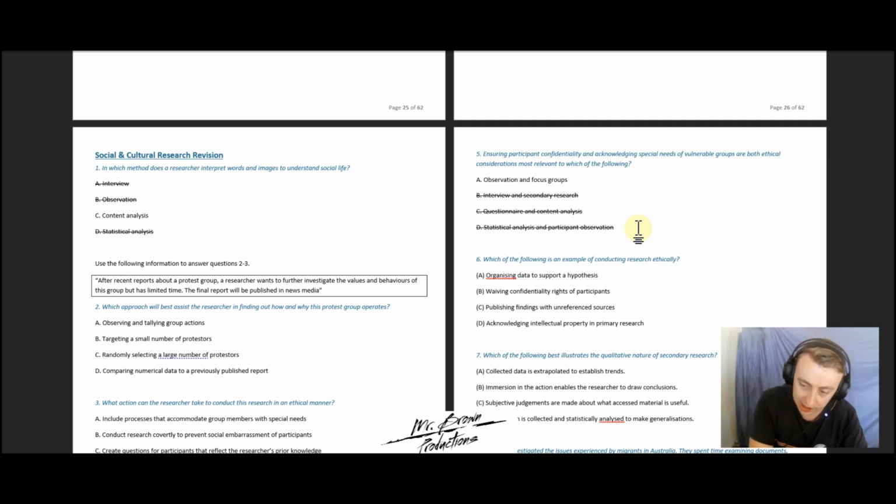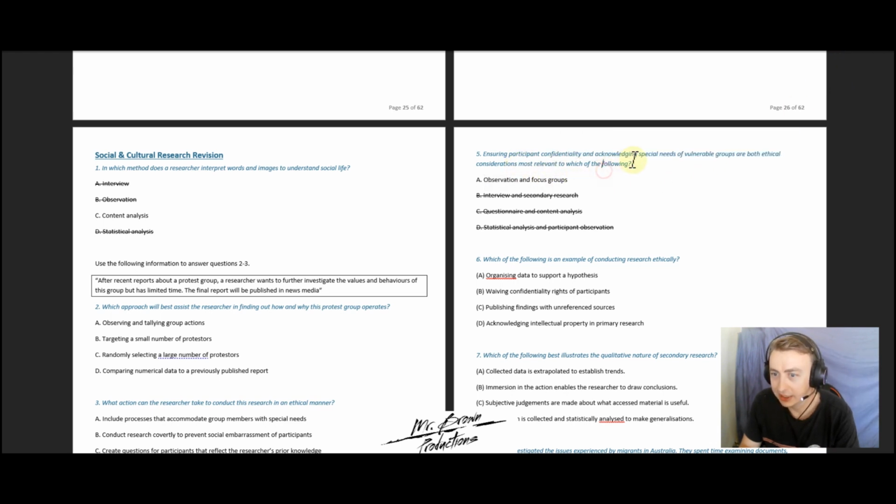Remember, we make sure the right answer meets the conditions on both accounts. So, a focus group. Very similar to an interview, I need to have participant confidentiality and acknowledge special needs of any vulnerable groups in there. Likewise, when I'm doing an observation, I need to ensure participant confidentiality. If I use the example of people putting their rubbish in the bin, I'm not going to oust the social group and name and shame them in my report. Now, this is where we come to most relevant.